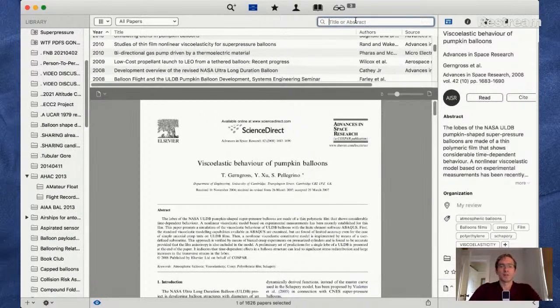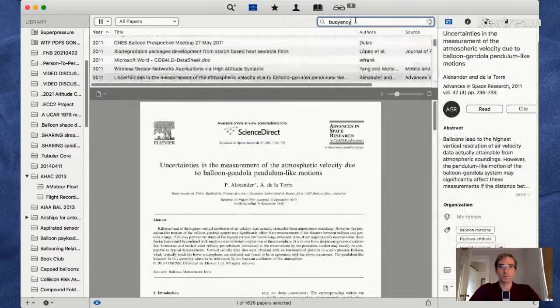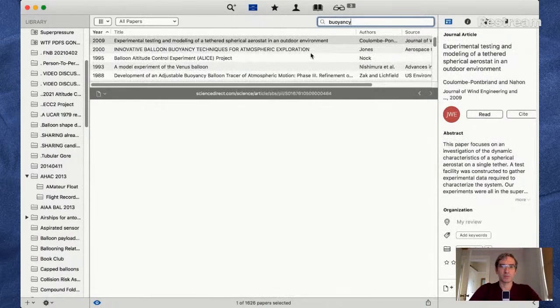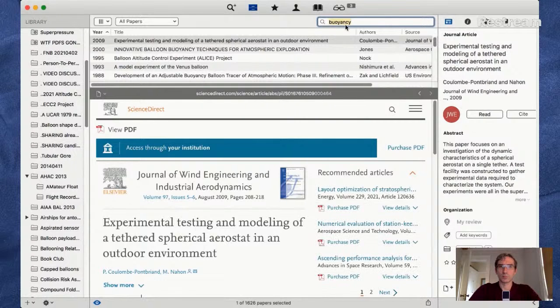Pumps. I could have sworn I had more papers on this. Buoyancy. Such a broad topic. That'll be thousands of results. I never spell it right either. Did I do it right?